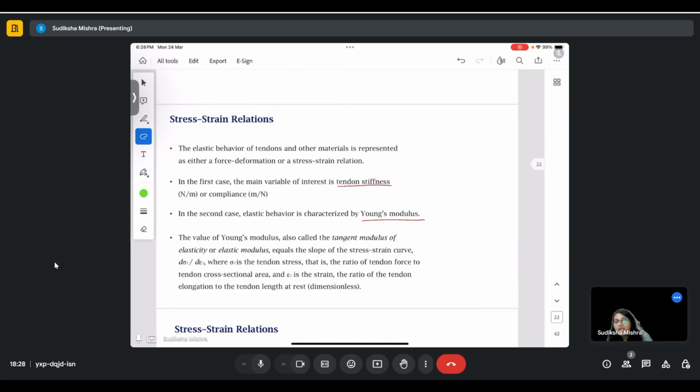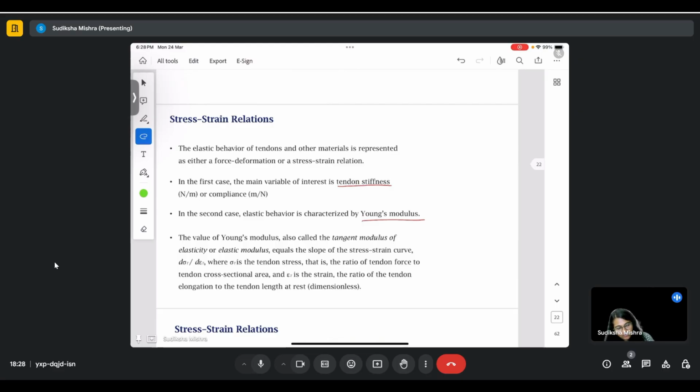Whatever you are looking at will give you a parameter which can be further used to classify what kind of material it is.